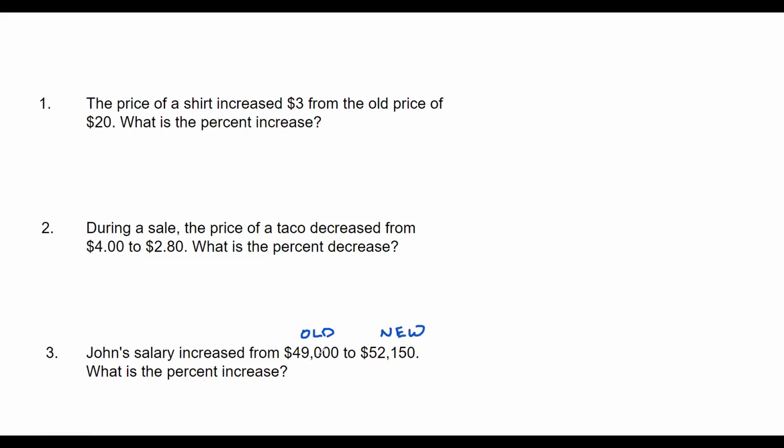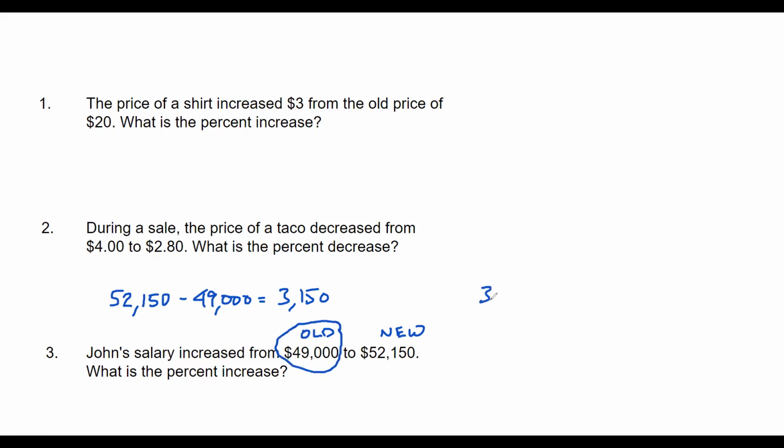We don't know the amount of increase. So we have to do the subtraction. As I suggested, I will start with the larger number, subtract the smaller number, and we find out that our amount of increase was $3,150.